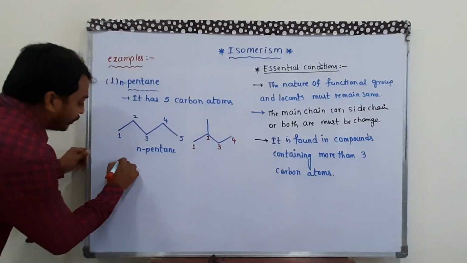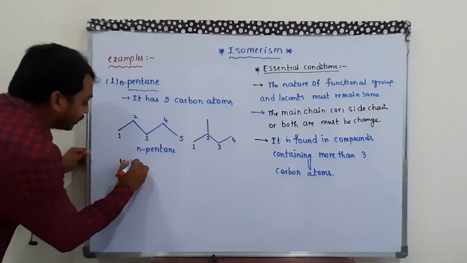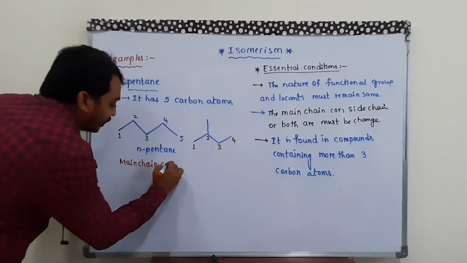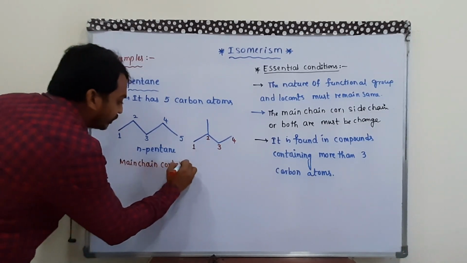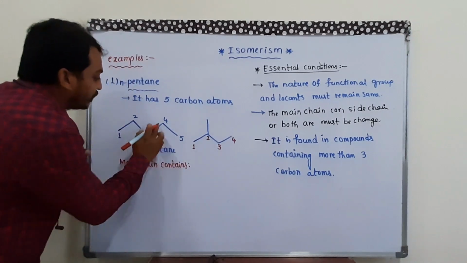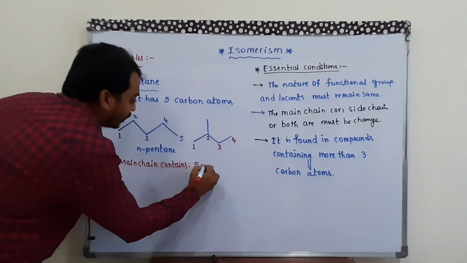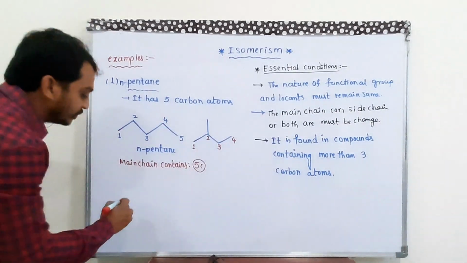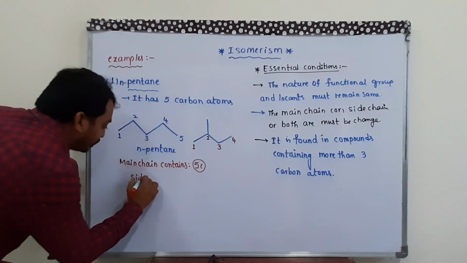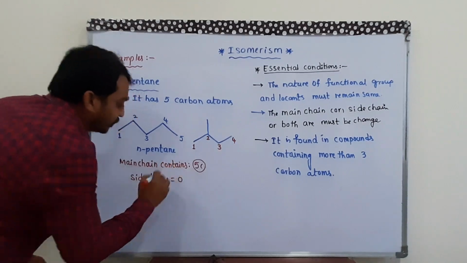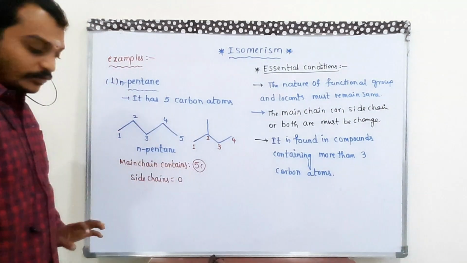Main chain contains 1, 2, 3, 4, 5: 5 carbon atoms. Next, there are no side chains. Side chains equal to 0. This is for the first compound.